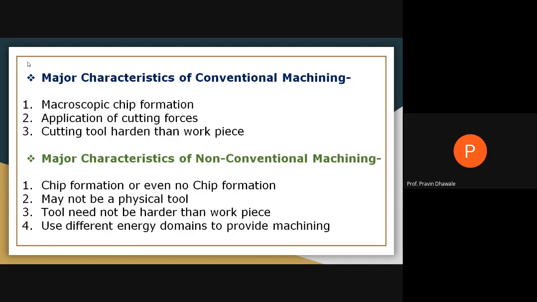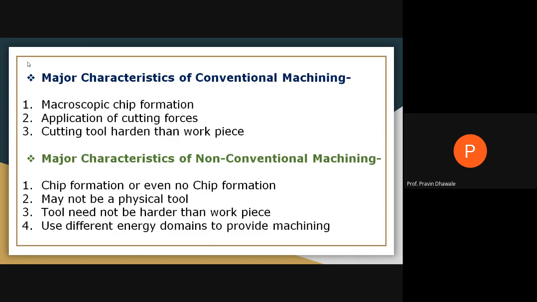Also, application of cutting forces is required. That means, to remove the material from the workpiece, you have to give a feed or cutting force to the cutting tool against that workpiece.